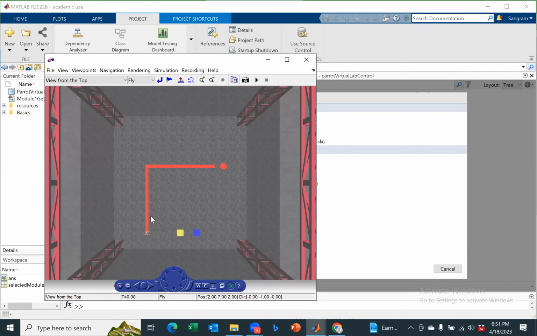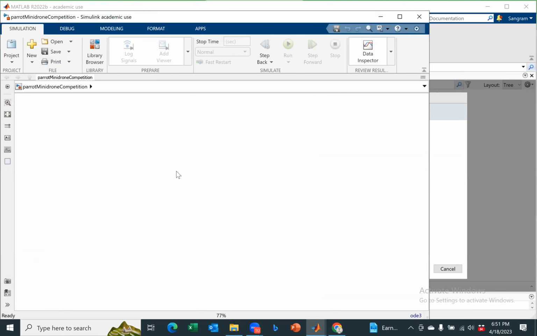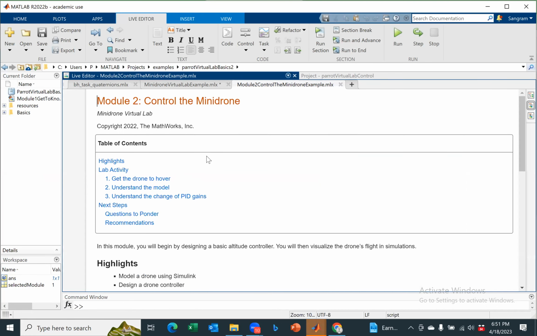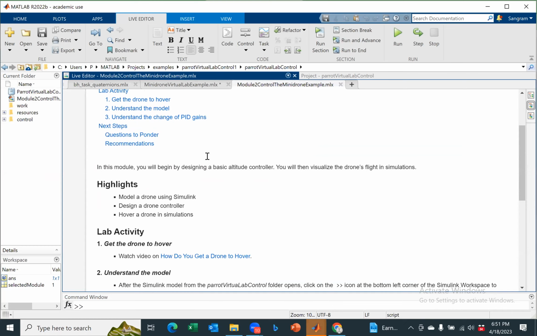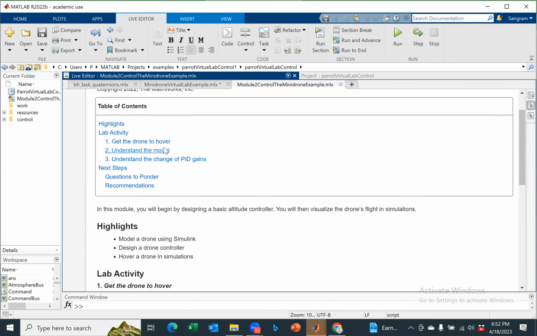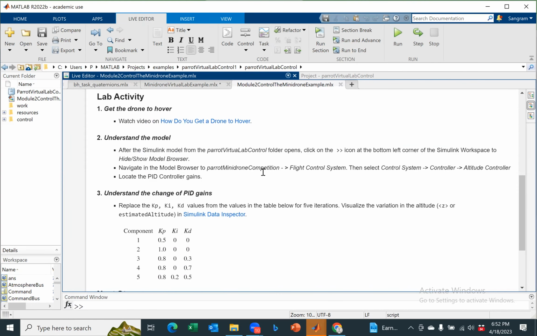Yeah. And then it will open the lab and walk you through this control example of the mini drone. There are two activities. First, you have to get the drone to hover, understand the model, and then use different PID gains. Now, in this lab, at this point, I'm assuming that you got your drone to hover.